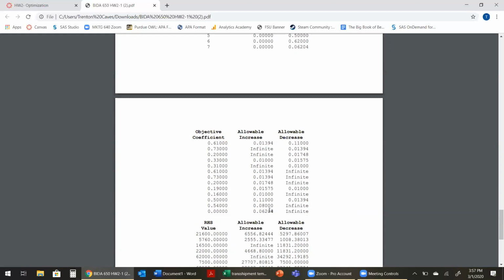But if we increase the amount of profit that we generate, then it's going to change our objective function, and we're going to have to recalculate our solution if we increase over 6 cents. So this section is telling us how flexible our profit values are.